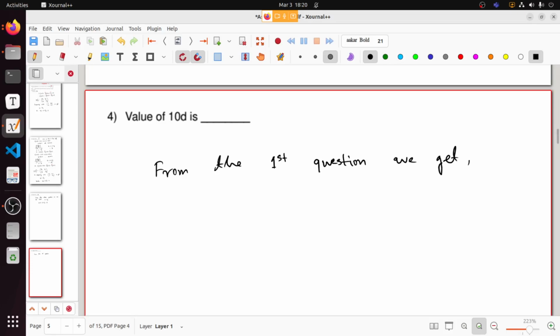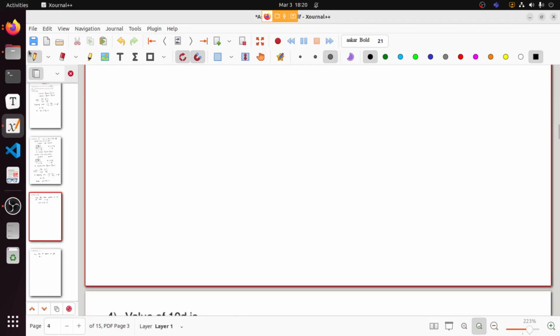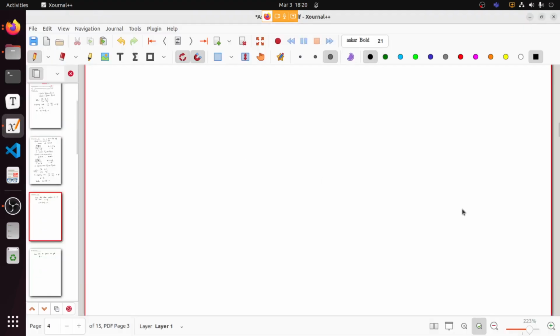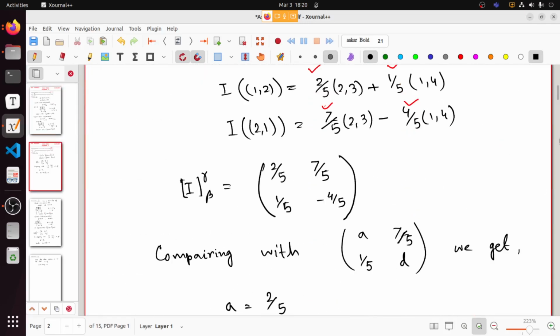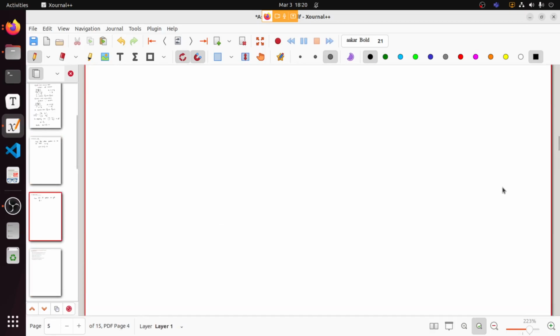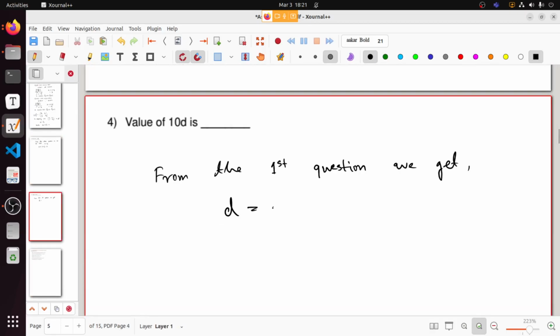We get d equals minus 4 by 5. Then 10d will be 10 times minus 4 by 5, which means minus 8. So the answer will be minus 8. Okay, so question number 4 is also done.